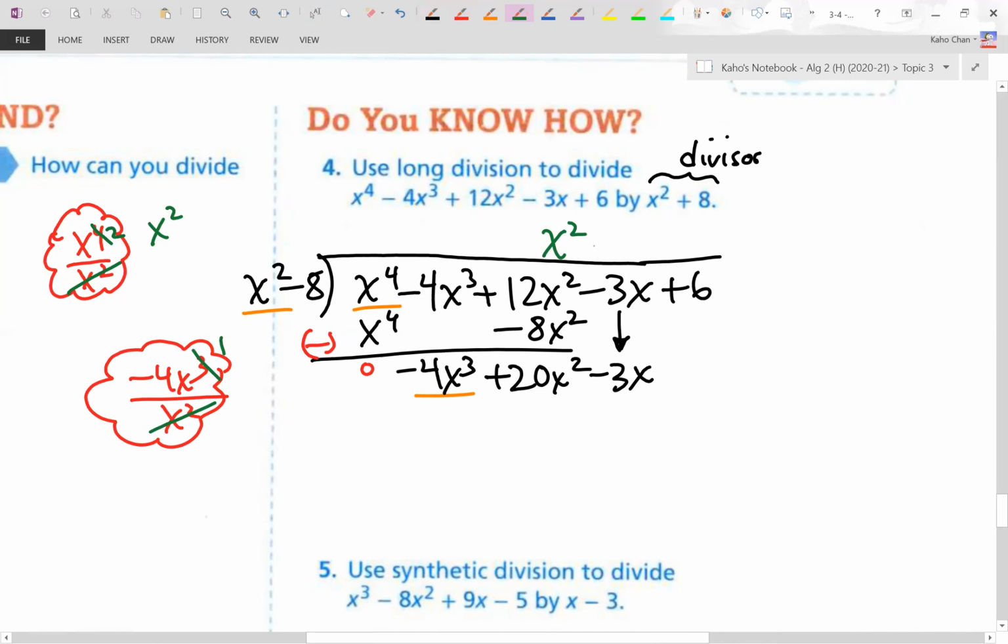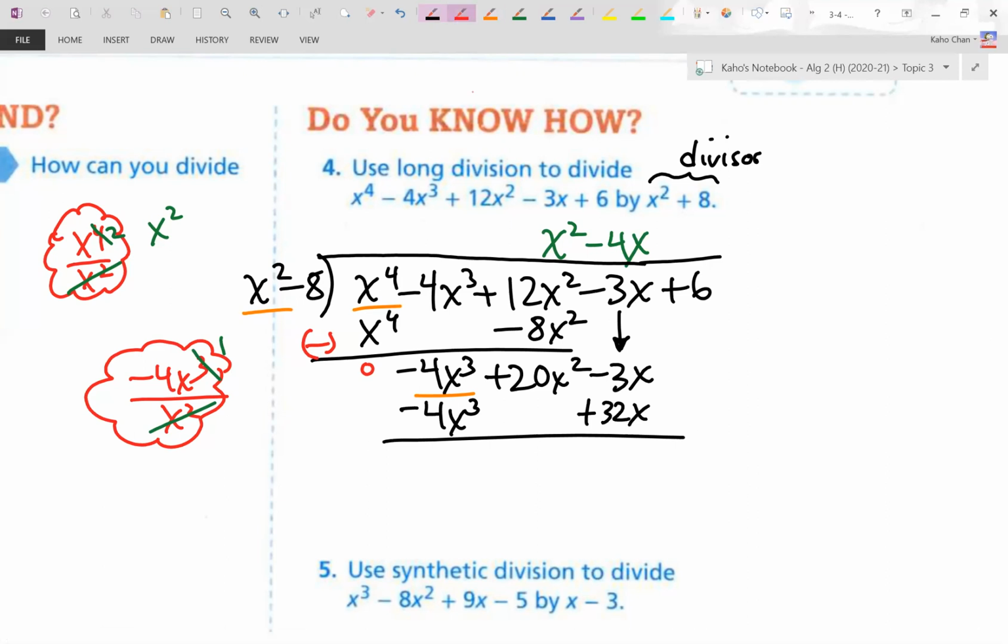Let's put that up here, negative 4x right there. And let's go and multiply negative 4x with the divisor, x squared minus 8. Negative 4x times positive x squared is negative 4x cubed. That's the whole point, make it go away. And then the second half is negative 4x times negative 8 is positive 32x.